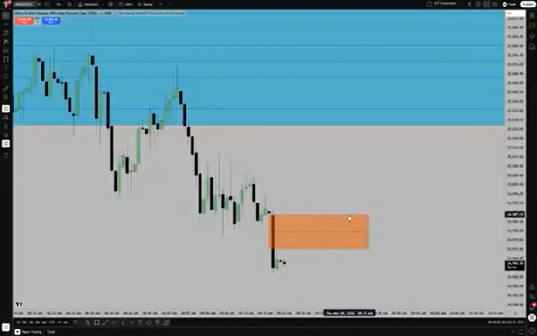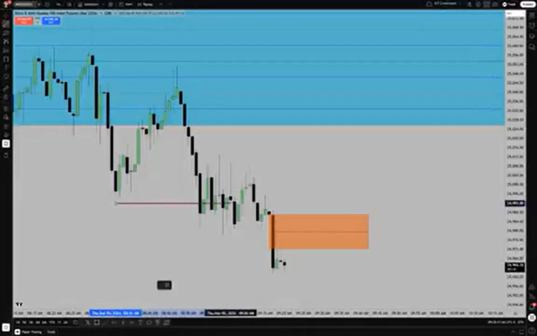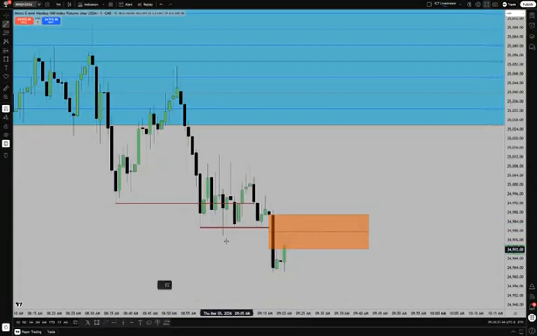How not to catch falling knives. We're below liquidity. We've had three. Yeah, well, I can show you visually.